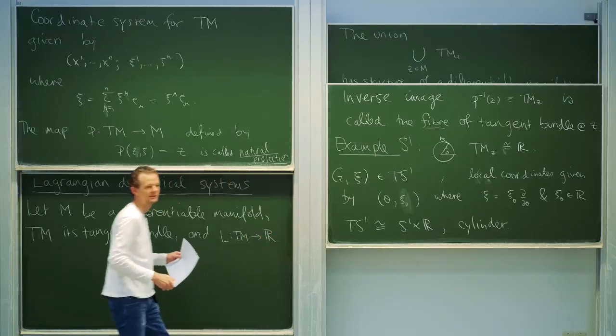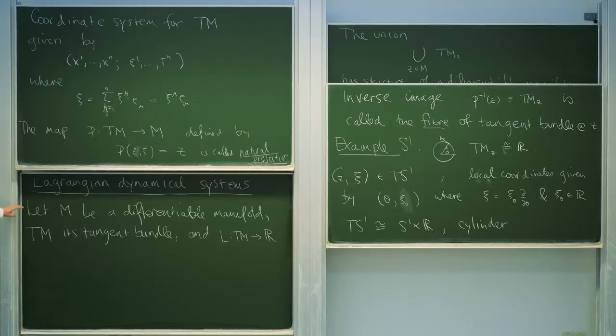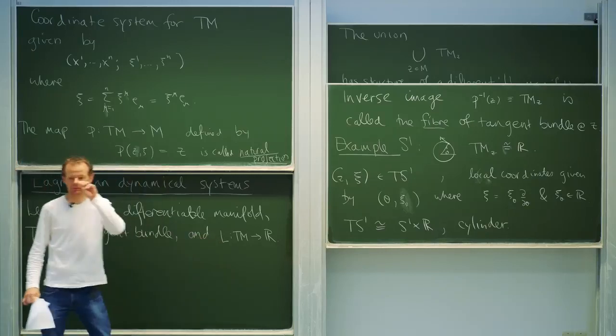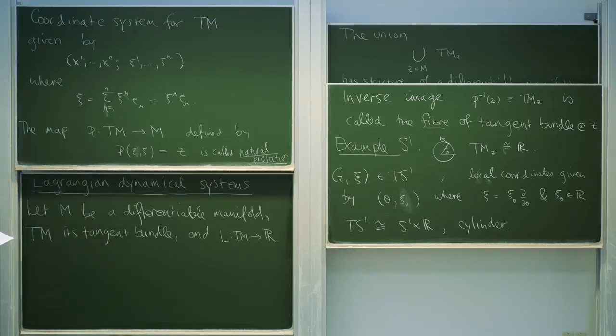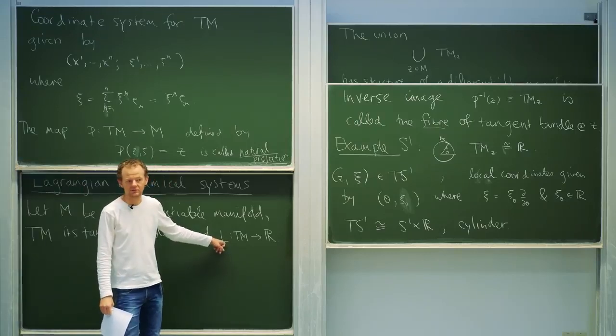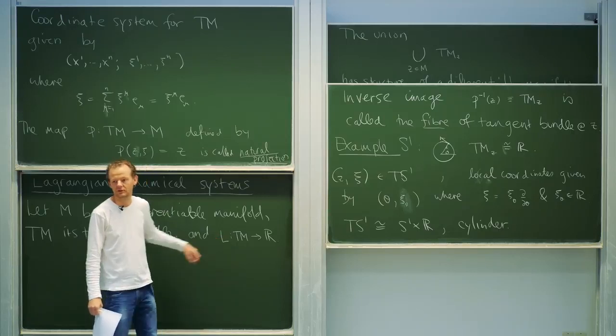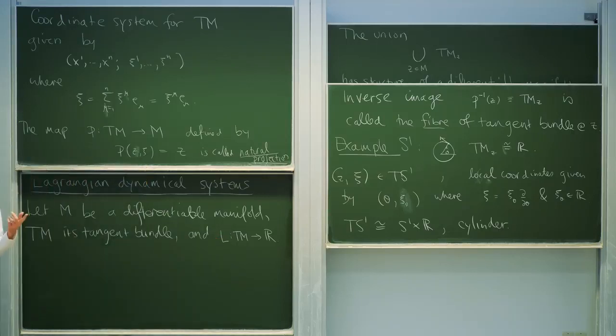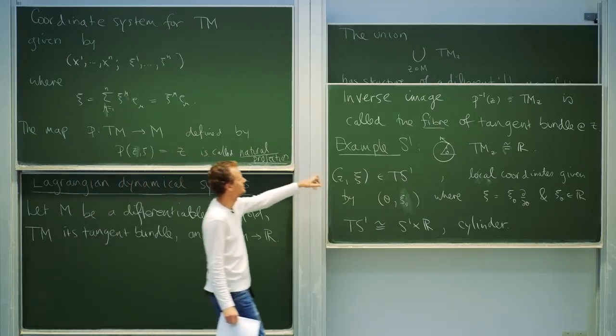So imagine we got the following data. We got three pieces of information. We got a differentiable manifold, then its tangent bundle, which is essentially given by the definition of M. And we got a further piece of information. We got some function from the tangent bundle to the real numbers. Now this function, I've written as L. And why have I written that as L? Well, because L stands for Lagrangian in this context. So if you think, what is a Lagrangian? A Lagrangian is a function of positions and velocities. Now, what are points in this tangent bundle?